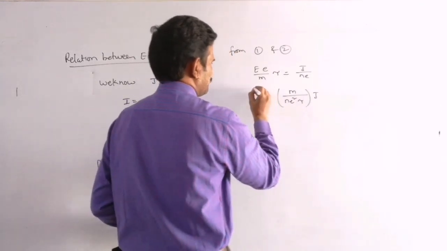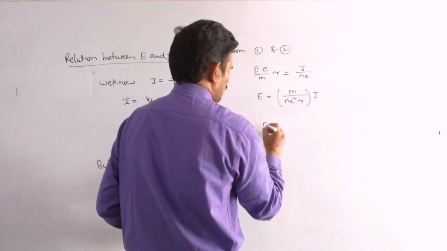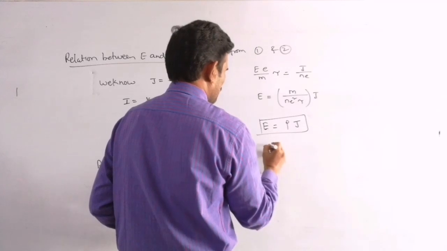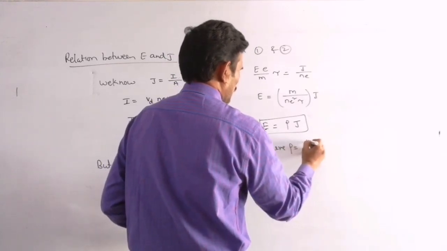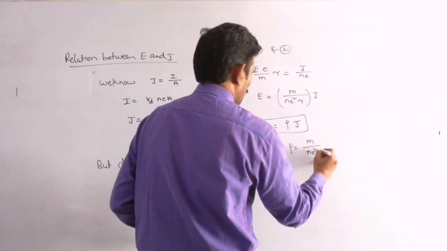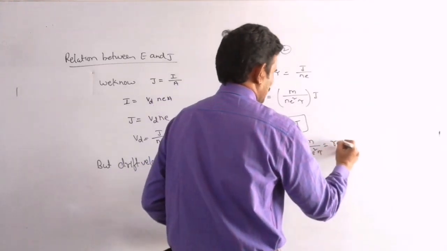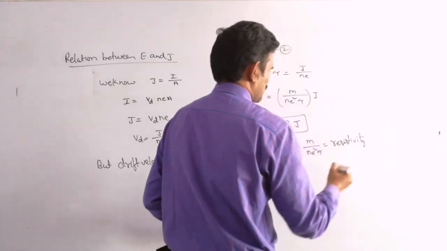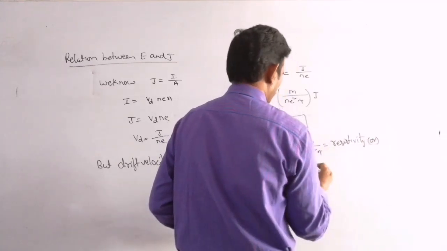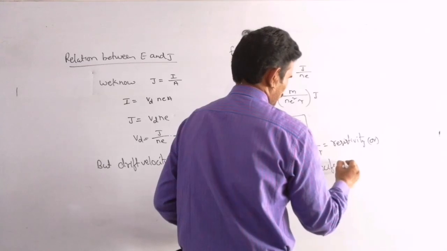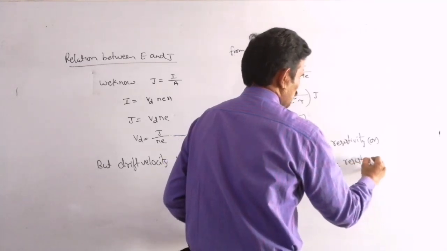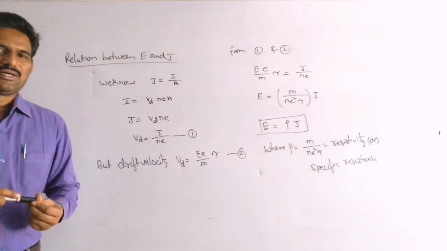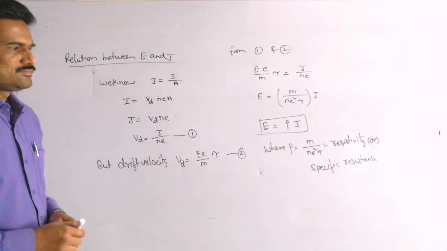Now this equation we generally express as E is equal to rho into J, where rho is m by ne square tau, which we call resistivity, or specific resistance. Remember this; about this we will discuss later, after the completion of Ohm's law, when we discuss resistance.